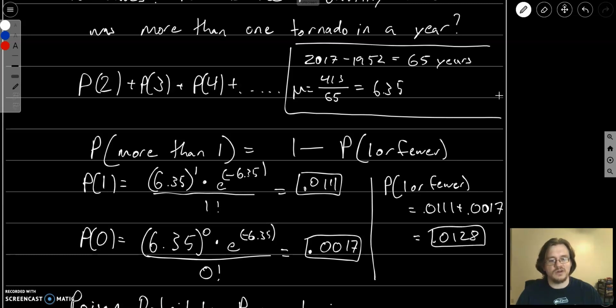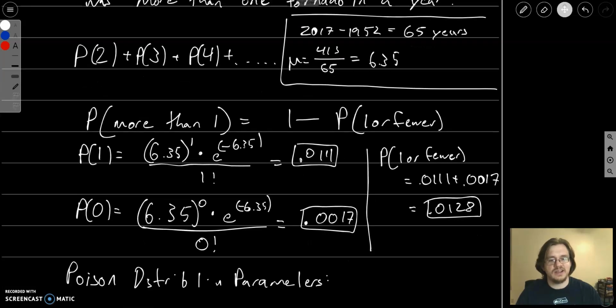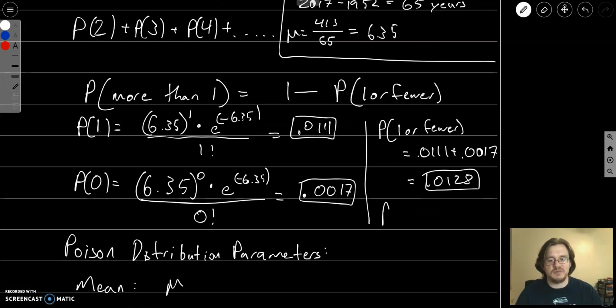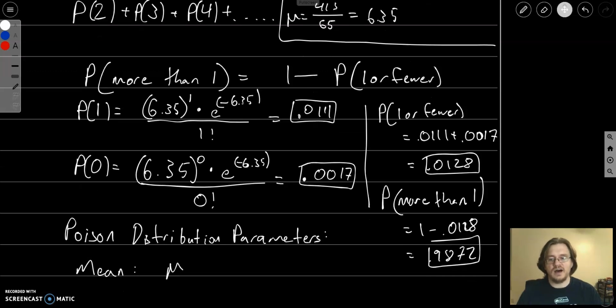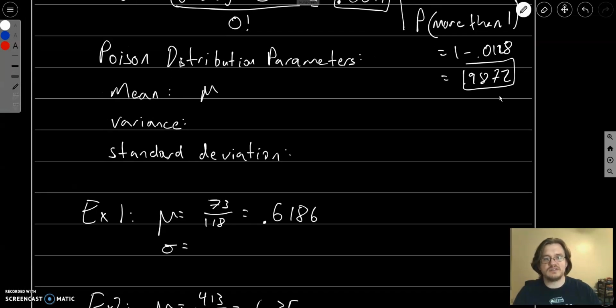So it's just a little over 1%, which means that the probability that there's more than 1 tornado is going to be 1 minus this, 1 minus 0.0128, which is in fact 0.9872.